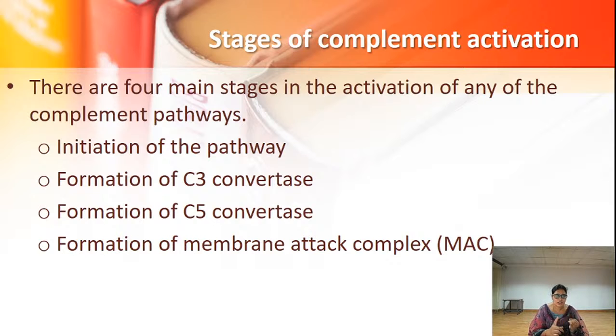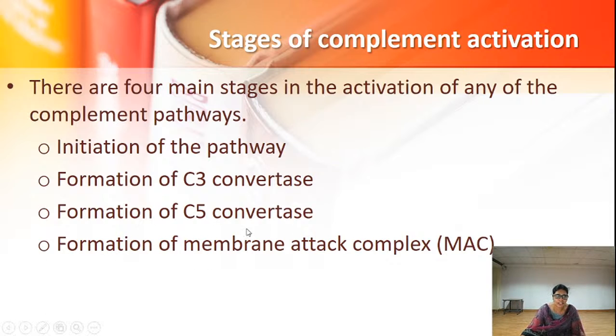So there are complements C1 to C9 and also factors. The complements get activated when they are broken, proteolyzed, to C3a and b. It is not only C3, it applies to others too, a and b.